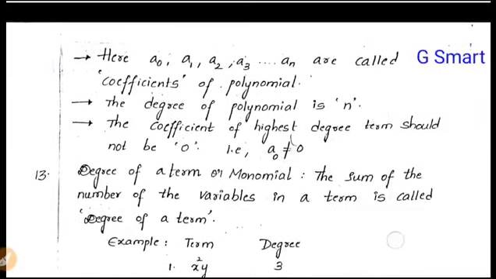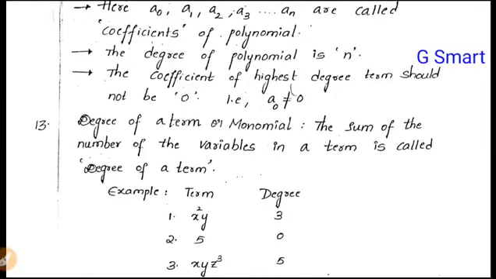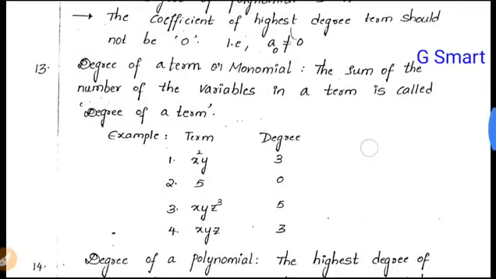Degree of a term or monomial. The sum of the number of variables in a term is called the degree of the term. See here, x square y. The sum of the number of variables: 2 x's and 1 y, so degree 3. 5: there is no variable, so degree is 0.